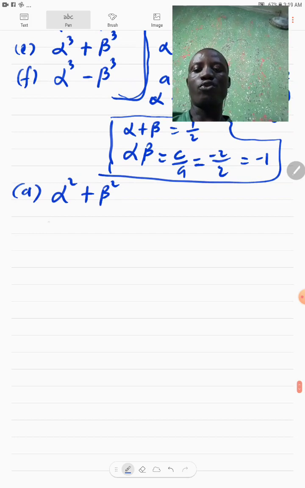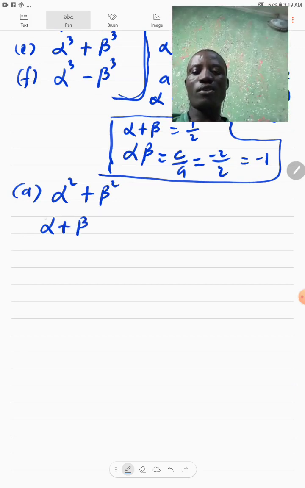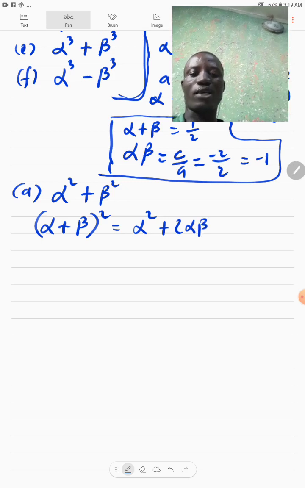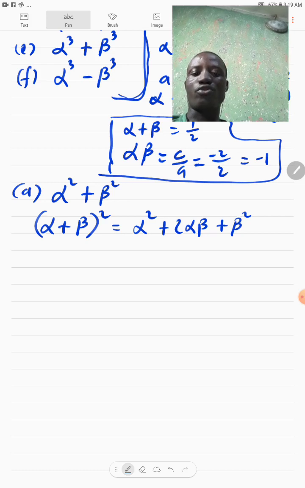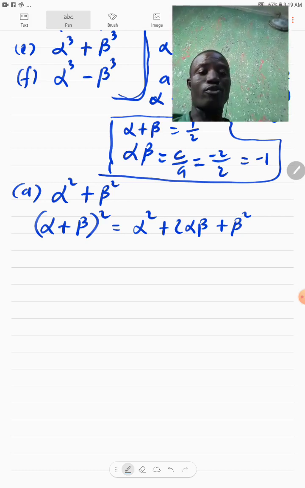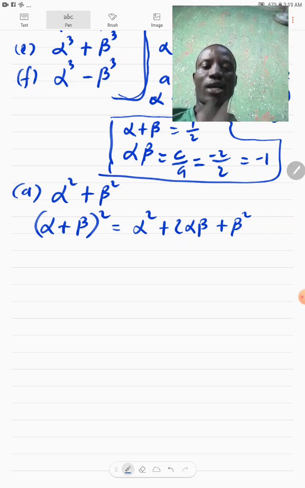We know from that class that what can give us alpha squared plus beta squared is the simplification of alpha plus beta all squared. If you have not gone through the class, please go to the previous video that I titled sum and product of roots, to understand this fully.